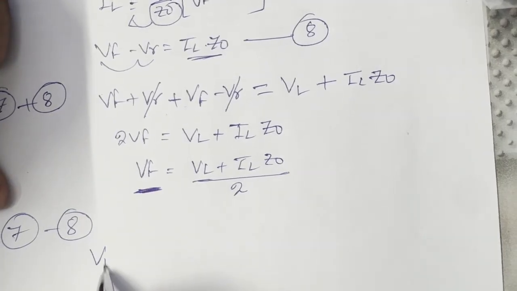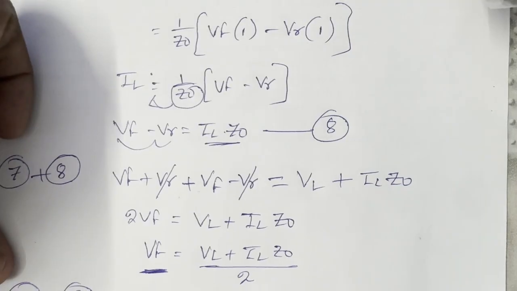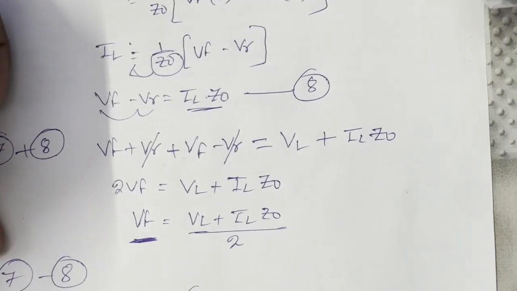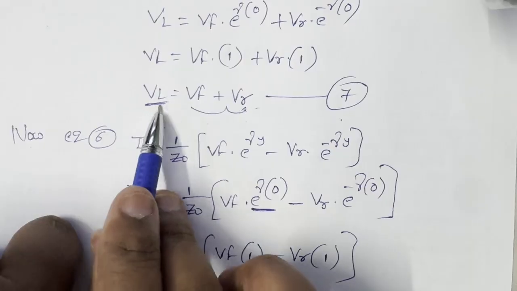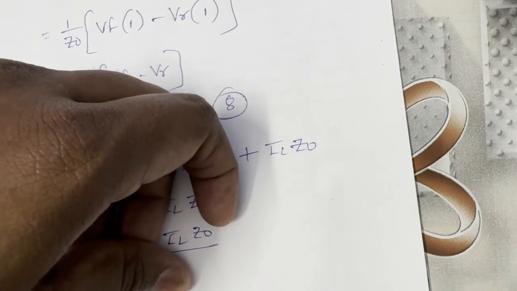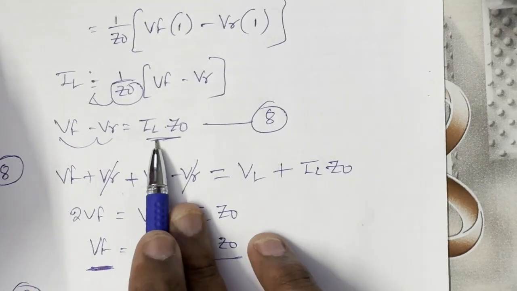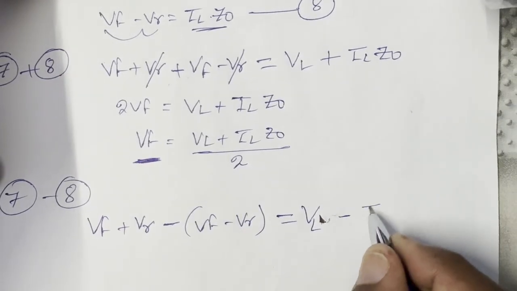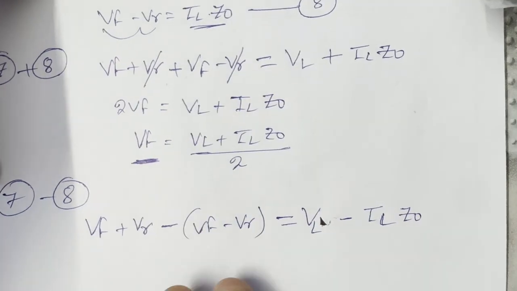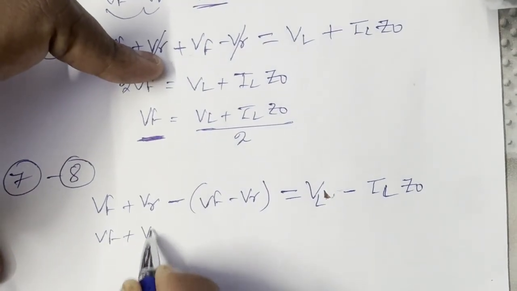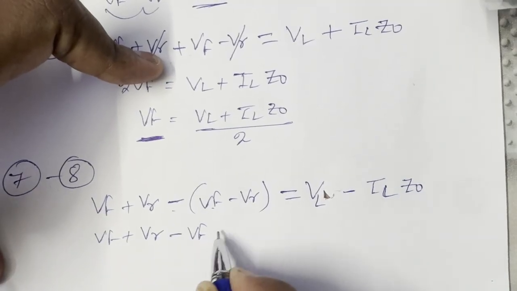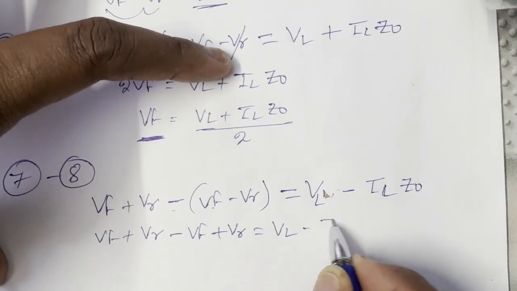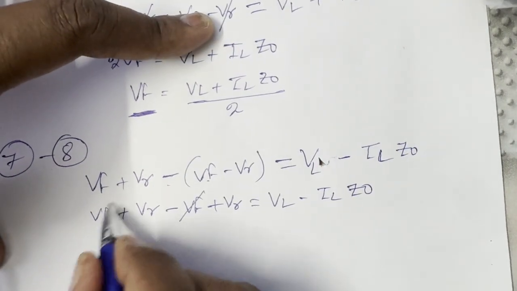Vf plus Vr is equal to VL, minus Vf minus Vr, which equals IL Z0 on the right side. So Vf plus Vr minus Vf, minus into minus plus Vr, equal to VL minus IL Z0. Vf gets cancelled.